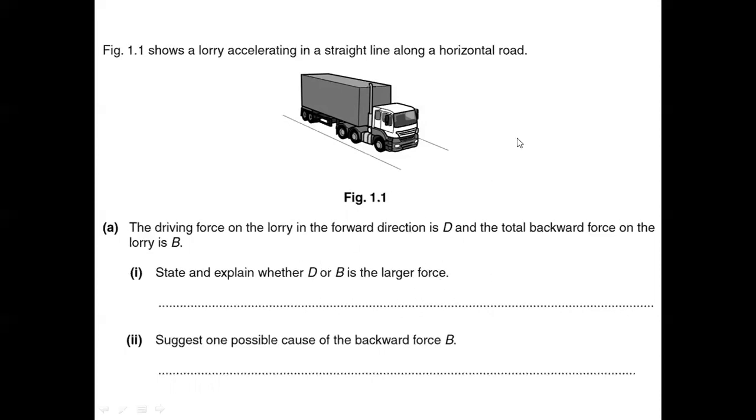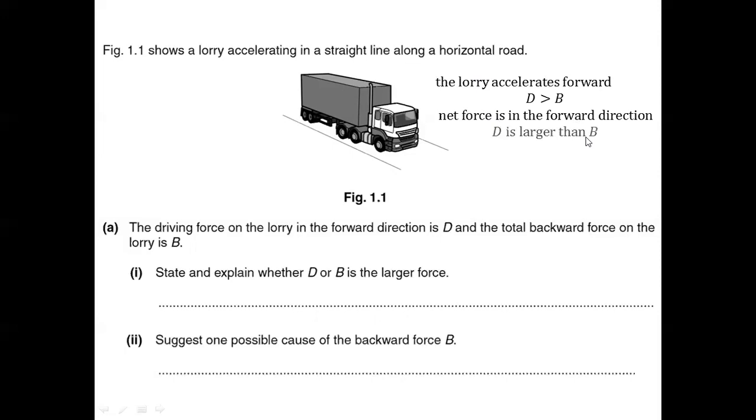Now, take note that the lorry is accelerating in the forward direction. This means that the force in the forward direction is greater than the force in the backward direction. If that is the case, that means the net force is in the forward direction. So this is basically consistent with the information given in the problem.